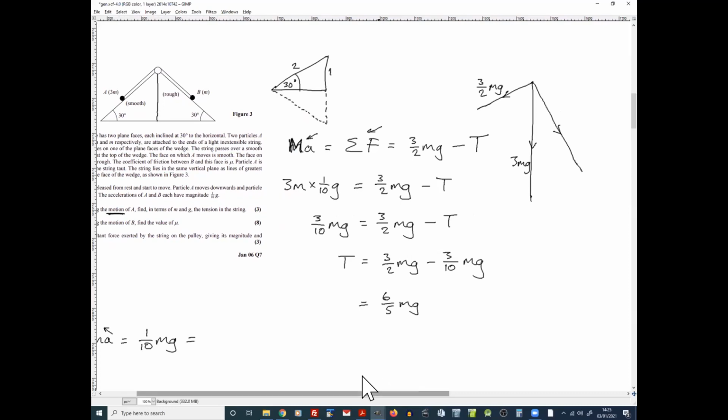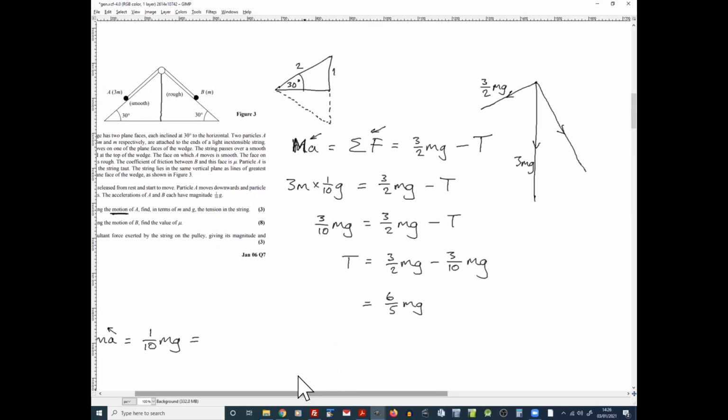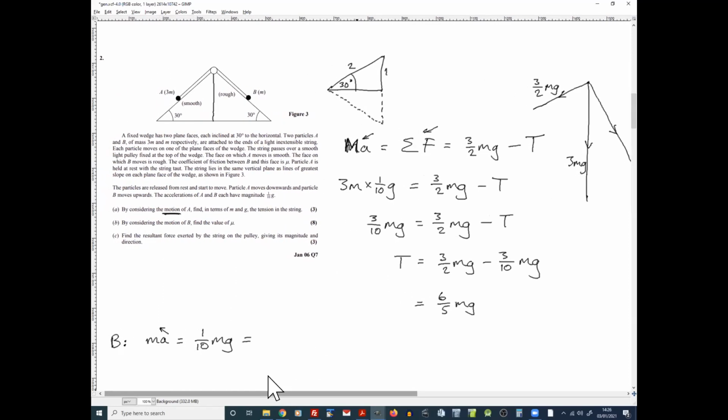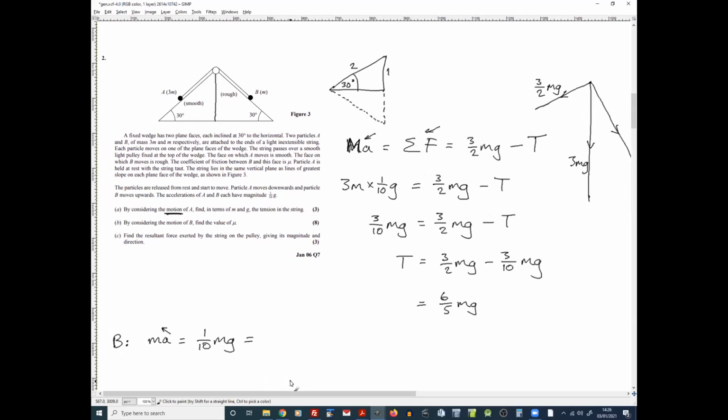Remember that sine 30 is 1/2. So half m is going down the slope, and you said the weight was m, didn't you? Were you abbreviating? A half m.